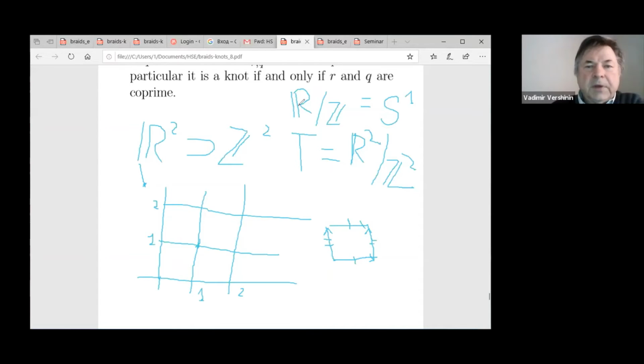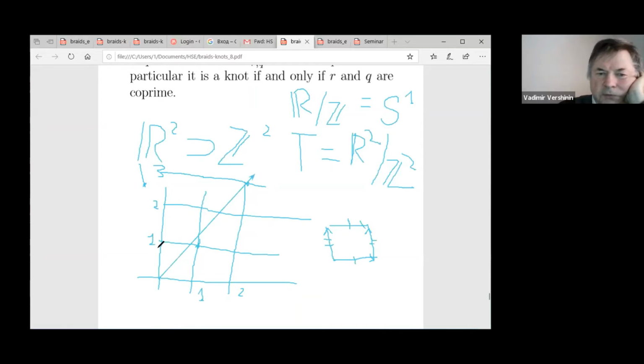So in this construction, if you now take a line, say it goes like this, with 2 here and 3 here, you see that after a short period of time it comes to this point.